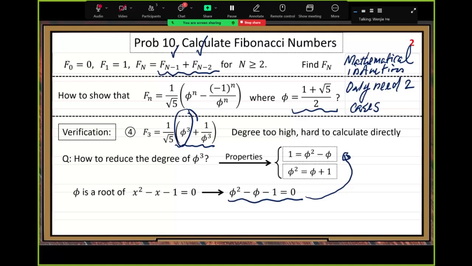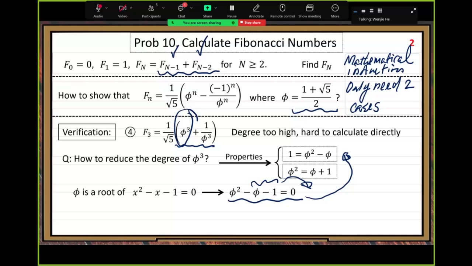Or you move these two terms to the right-hand side, and you get phi squared equals phi plus 1. Okay? So when we need to bring down the degree of the golden ratio expression, we need to use these two properties.